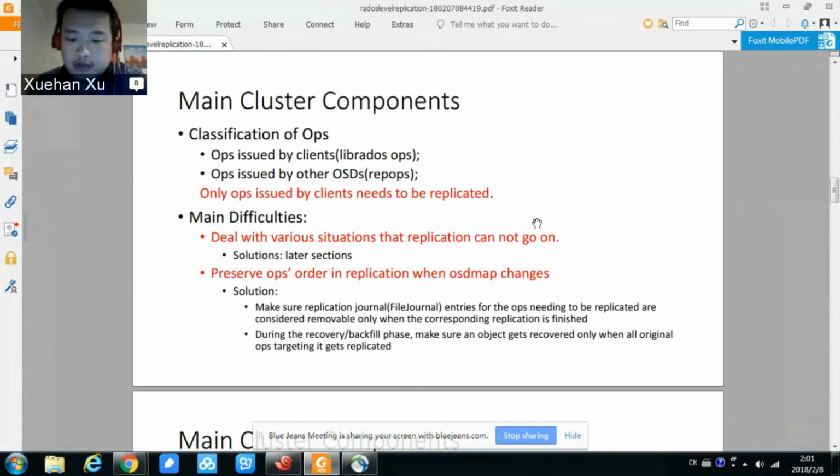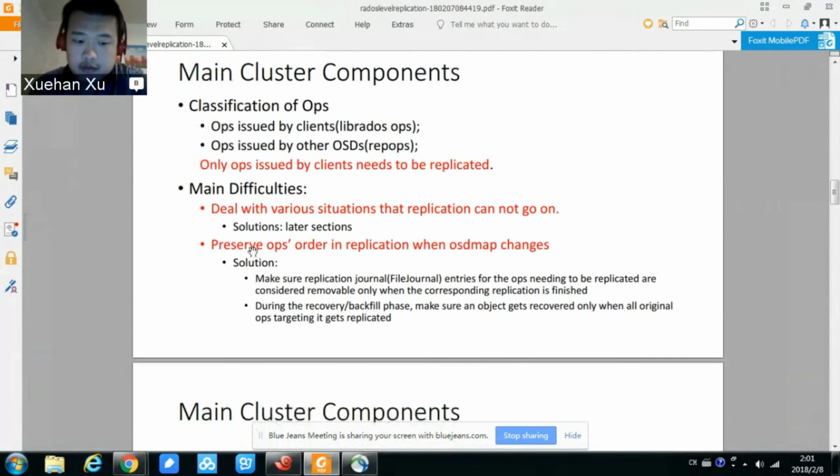For example, if the backup cluster is full, then we have to suspend the replication until there are more spaces in the backup cluster. And the second is we have to preserve the ops replication order when the OSD map changes.